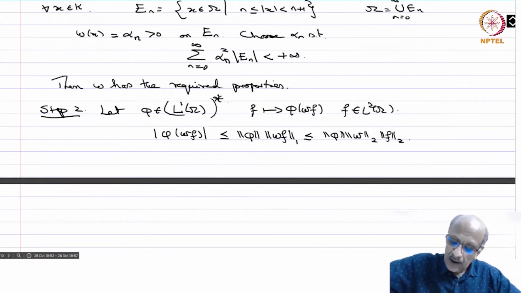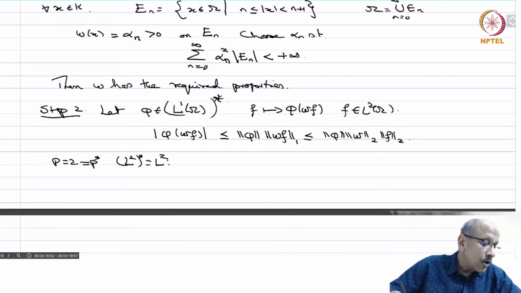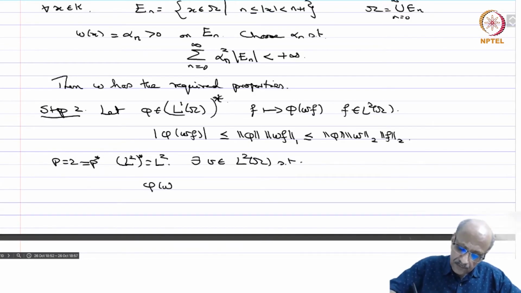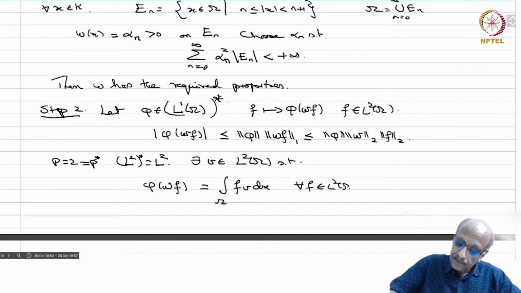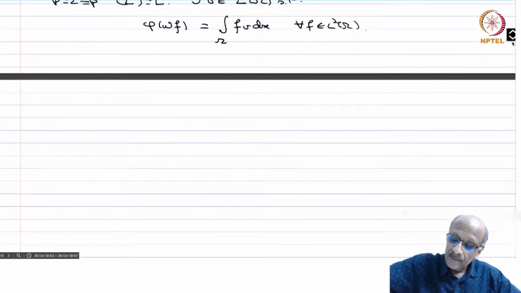But if you have L2, p equals 2, then this is also equal to p star, therefore L2 star is L2 itself. Therefore there exists V in L2 of omega such that phi of WF equals the integral over omega of Fv dx for every F in L2 of omega, because of the Riesz representation theorem we have already shown for L2.